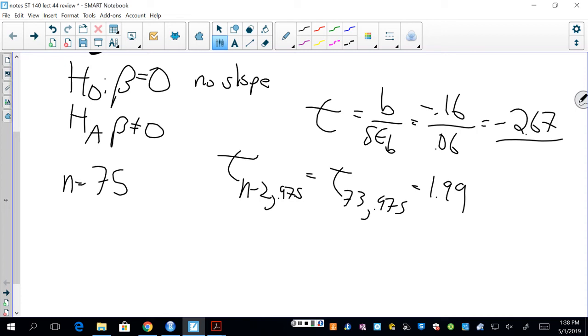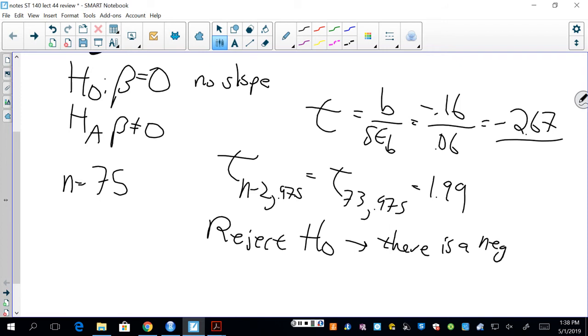So what do we conclude? We're going to reject the null hypothesis. And there he is, a negative slope. It's rejecting the null hypothesis.